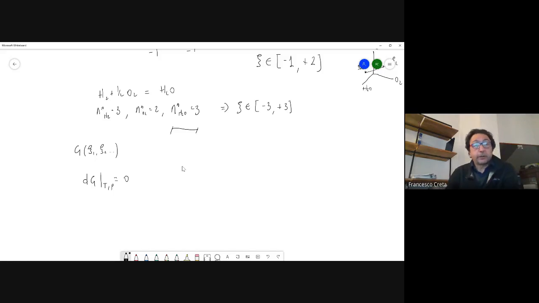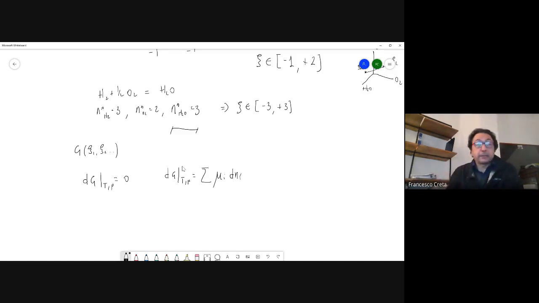And well, the differential of the Gibbs energy at constant temperature and pressure, you can really write down as the summation of our chemical potentials of each species times dNi.